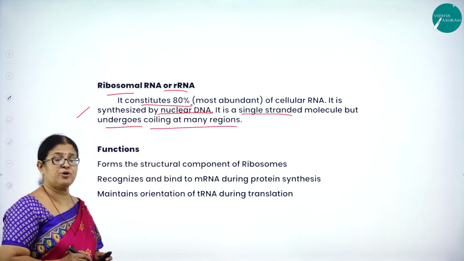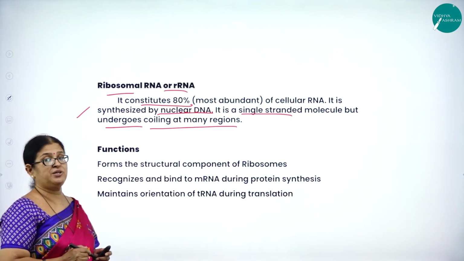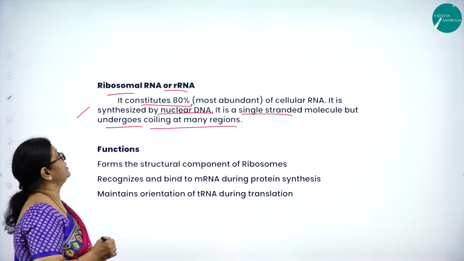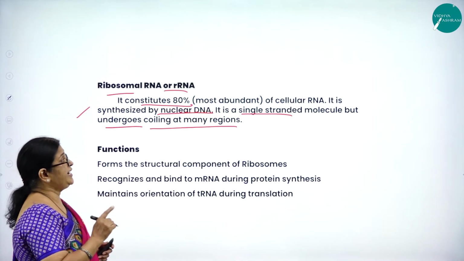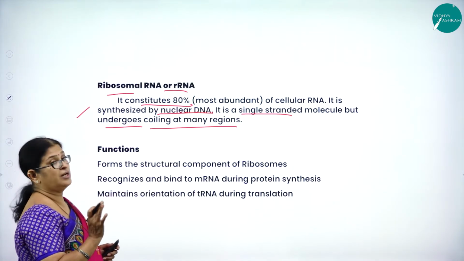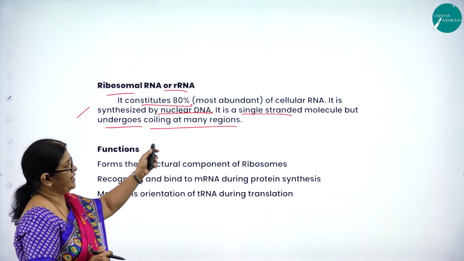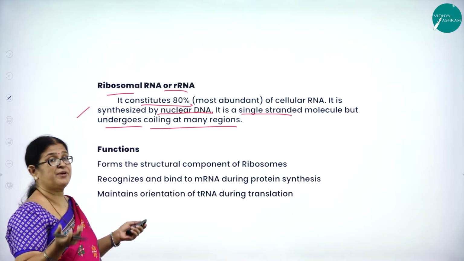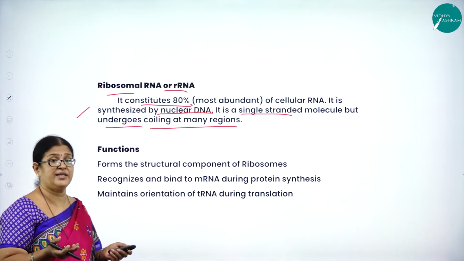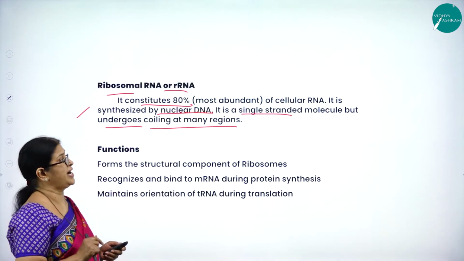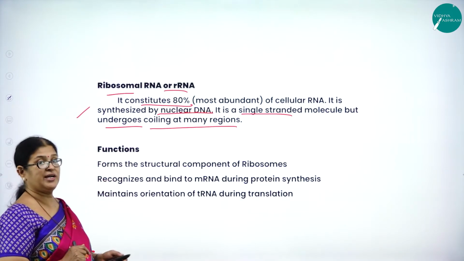Though it has a great role to play, much information about rRNA is not given. It constitutes 80% of the total cellular RNA and is synthesized by nuclear DNA. It is single-stranded, as I said, because it is acting as non-genetic RNA. Obviously, it will be single-stranded, but undergoes coiling at many regions.